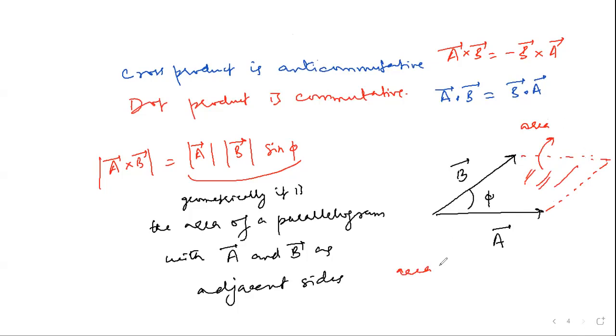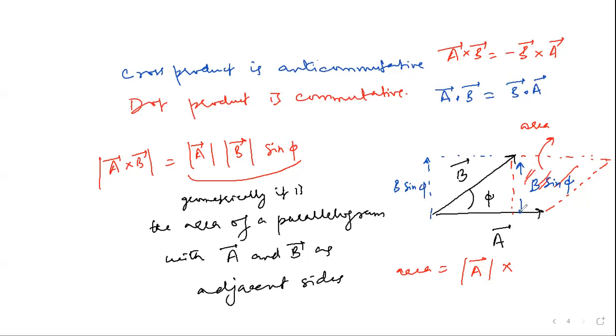This area is simply base, which is magnitude of A, multiplied by the altitude. This is altitude, and this length is B sine phi.